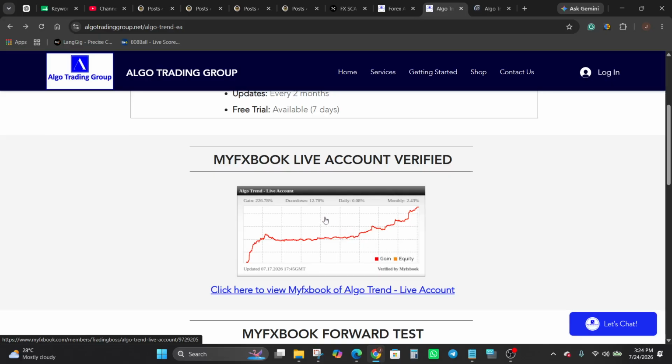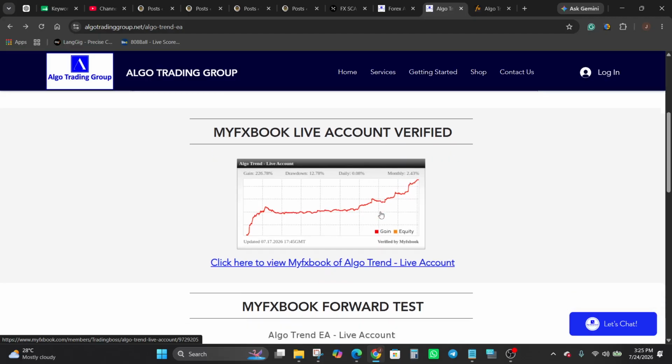The data shows a cumulative gain of 226.78% with a peak drawdown of 12.78%. In terms of periodic averages, the data reflects a daily return of 0.08% and a monthly average of 2.43%.